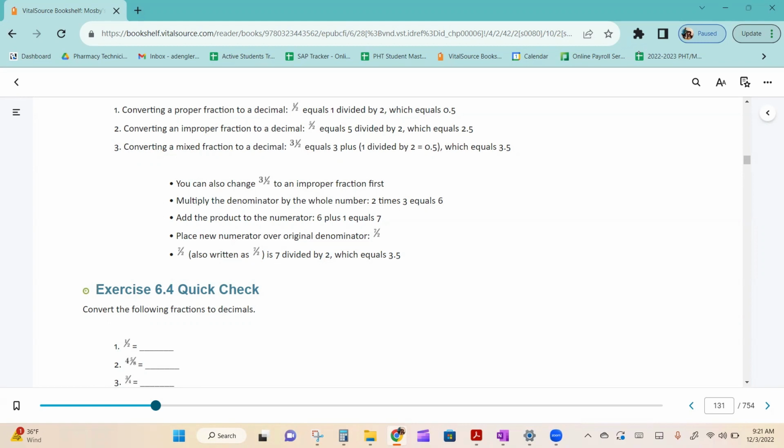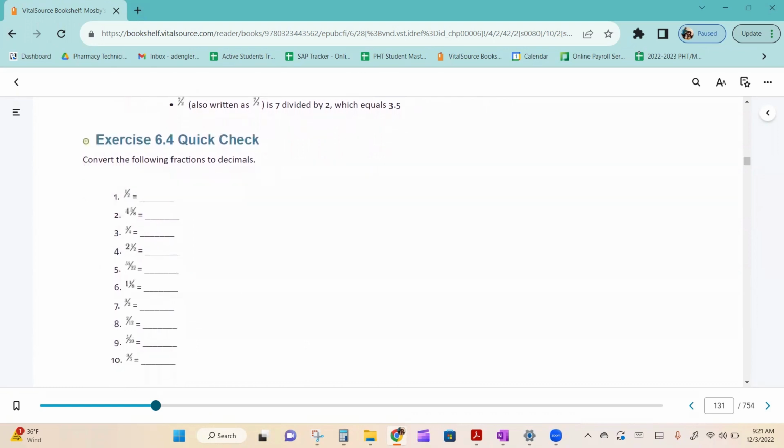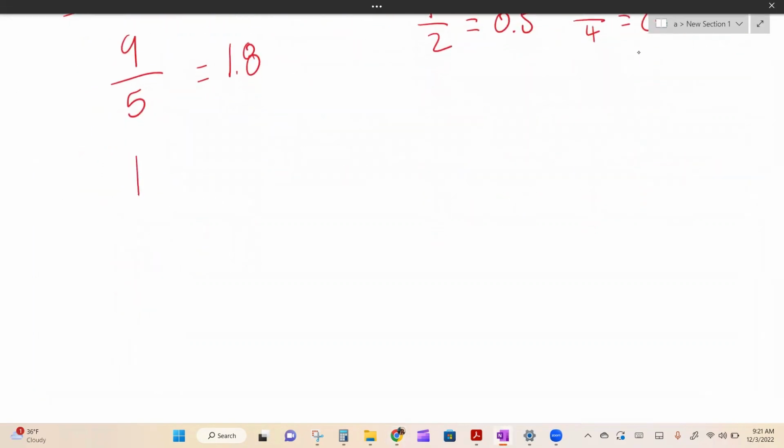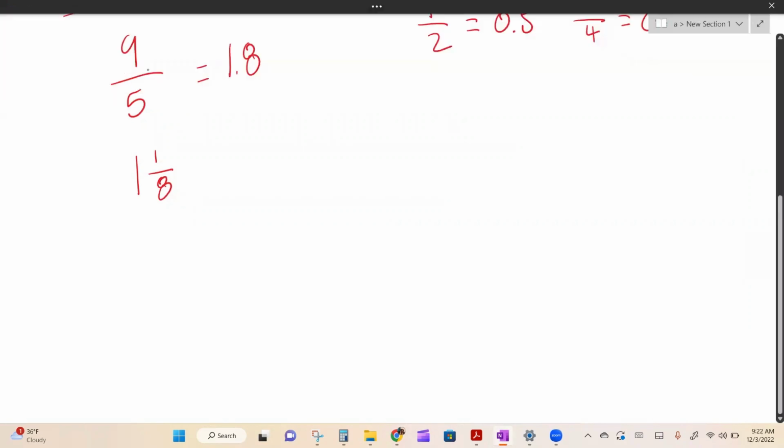What I like to do is convert to an improper fraction first. So let's do number 6, which is 1 1/8. To change a mixed number to an improper fraction, the first thing we're going to do is take that 8 and that 1 and multiply them together.